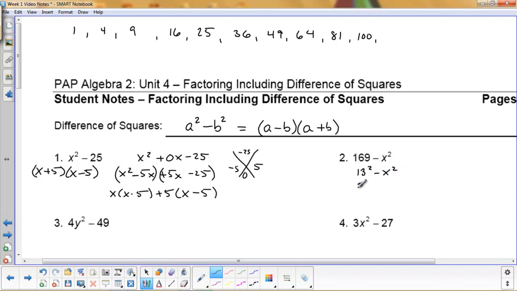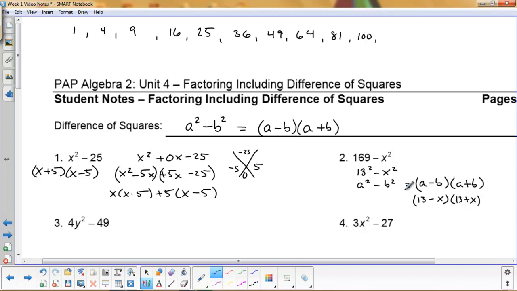Well, I can write that as a squared minus b squared equals a minus b times a plus b. That means that if 13 squared is a squared, then 13 is a. So that means I'm going to write this as 13 minus x and 13 plus x.